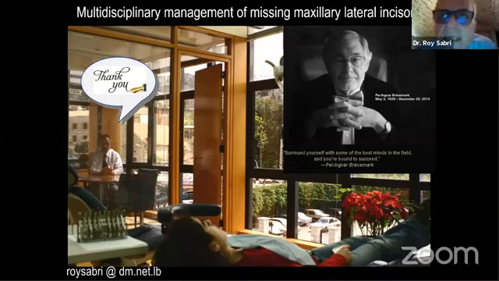I agree. Why? Because the canine is the longest and strongest tooth in the mouth, and you can try to get some torque, but you're not going to hide the canine eminence 100%. So again, if you have a smile that is normal, showing normal exposure of the clinical crown, you're fine.